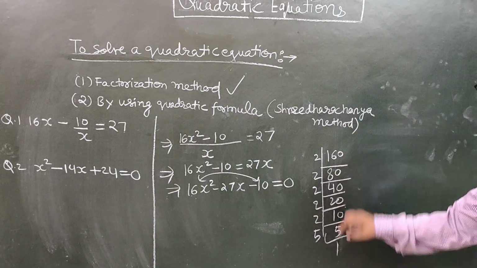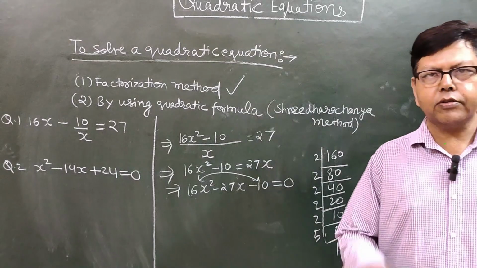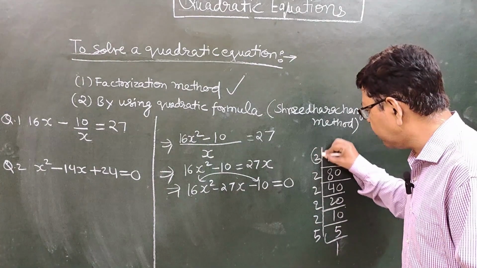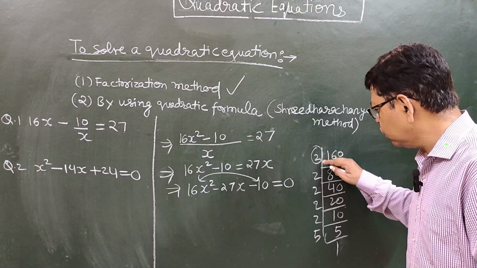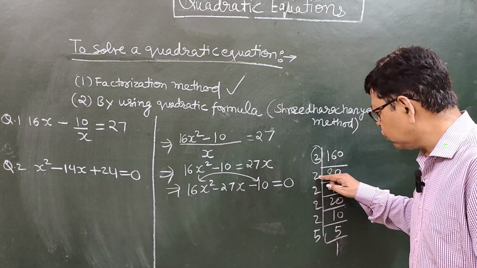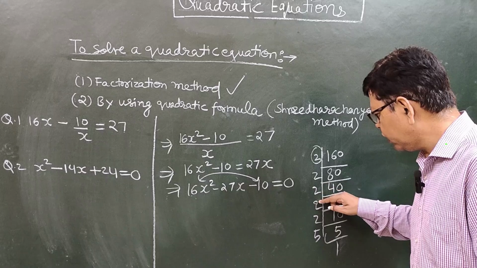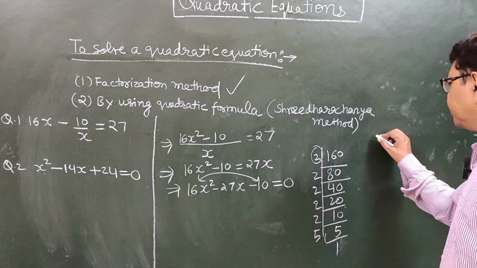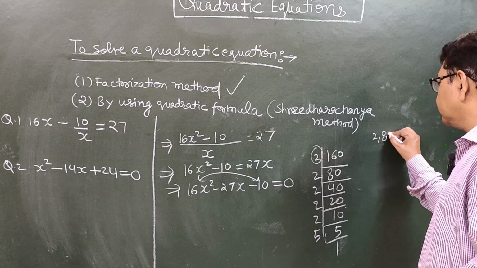Now we will form the different pairs. Keeping this 2 separate, and multiplying the remaining factors, 2 into 2 is 4, 8, 16, 80. So the first pair is 2, 80.